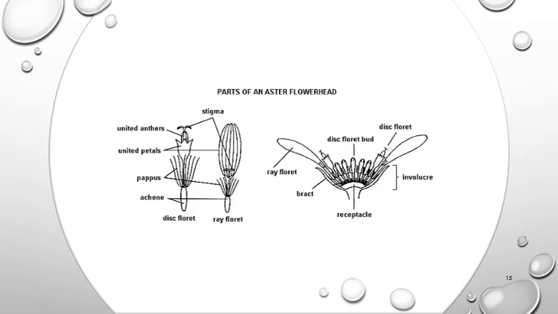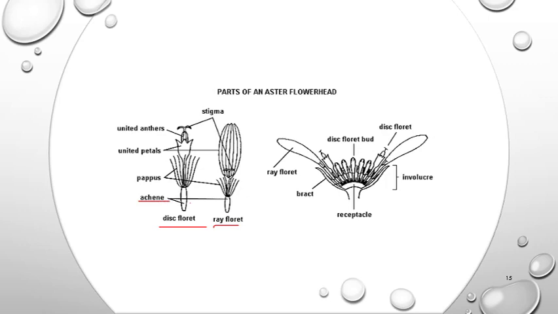So this slide gives a brief elaboration of the heterogamous capitulum inflorescence. Here we have two types of flower. One is the ray floret, the other is the disc floret. Here this is the fruit or seed-bearing part, called the achene.